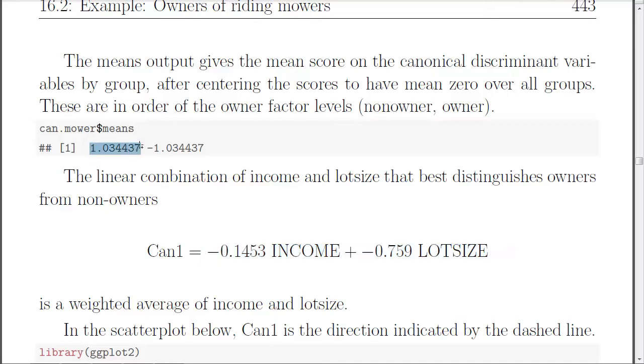So those are our non-owners. When you go in the negative direction, that means negative, negative, we're increasing incomes and we're increasing lot sizes, and those are our owners. And along that direction, these are the means for those two groups.